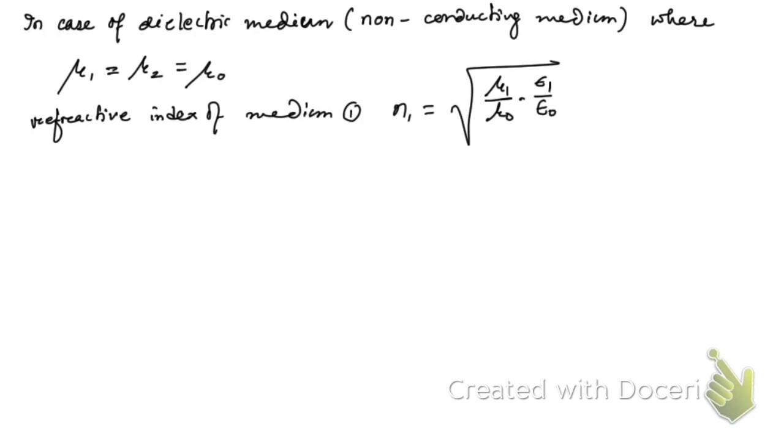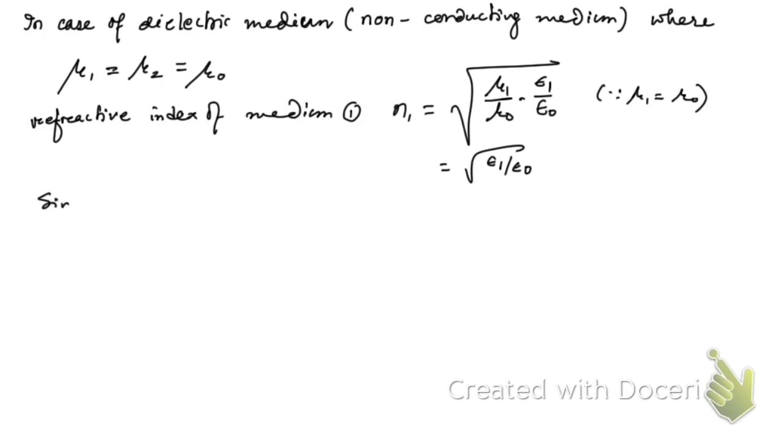Since mu1 is equal to mu naught, that is going to be equal to root over epsilon 1 by epsilon naught.